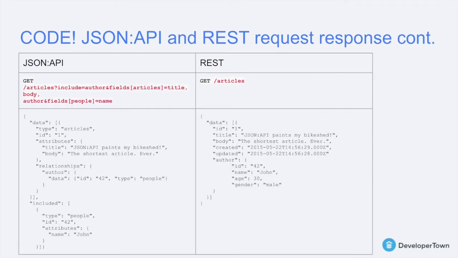We can here see we're asking for an article, we're including the author, and we're using something known as a sparse field set. So we're specifying the fields for an article, we just want the title and the body, and the author. And the fields for people, which an author is a person, we just want their name. So coming back here, we see that we're getting the same kind of data, the same kind of relationship, and we're getting an include where we're bringing the author of type people, and his name is John.